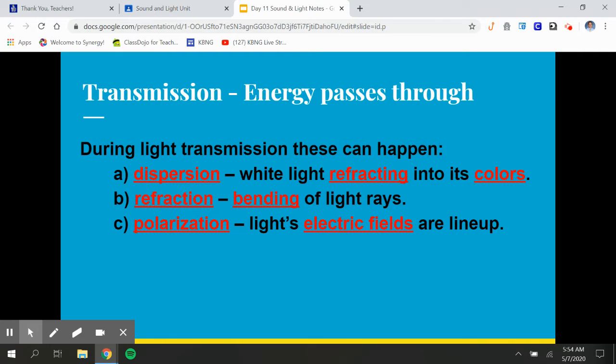So when transmission happens, there can be a couple of different things. Dispersion is when white light, meaning light that contains all the different colors of the rainbow, when you add them all together, you get white. When that passes through a medium, whatever it might be, dispersion can happen, and this is where light is refracted into its different colors.